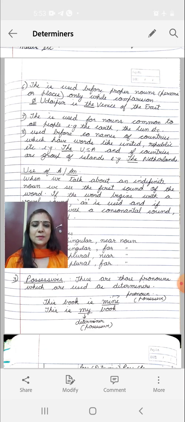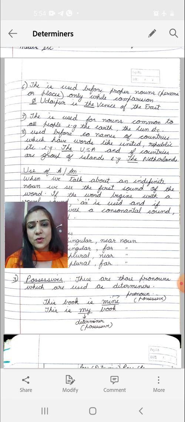At the same time, the is also used before names of countries if they begin with words like United, Republic, like we say the USA, or if it's a group of islands, like we say the Netherlands, the West Indies. Like that we always use the article the if it's a group of places, and at the same time if they have words like United, Republic, etc. So the is used at all these places which I have mentioned above.